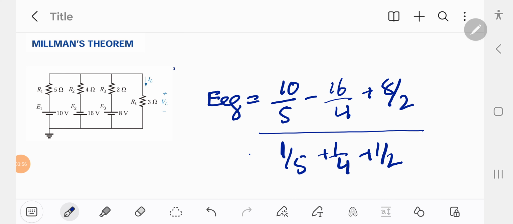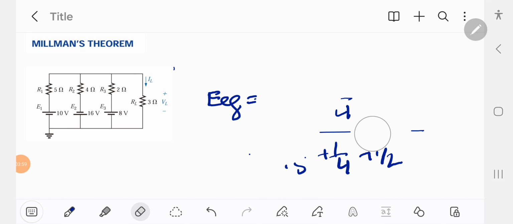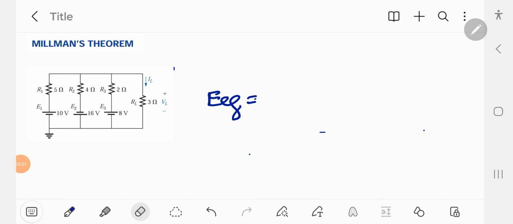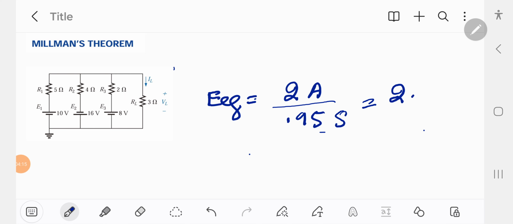Now when we calculate all these, it's equal to 2 ampere, and the denominator with 1/5s, which is equal to 2.105 volt.